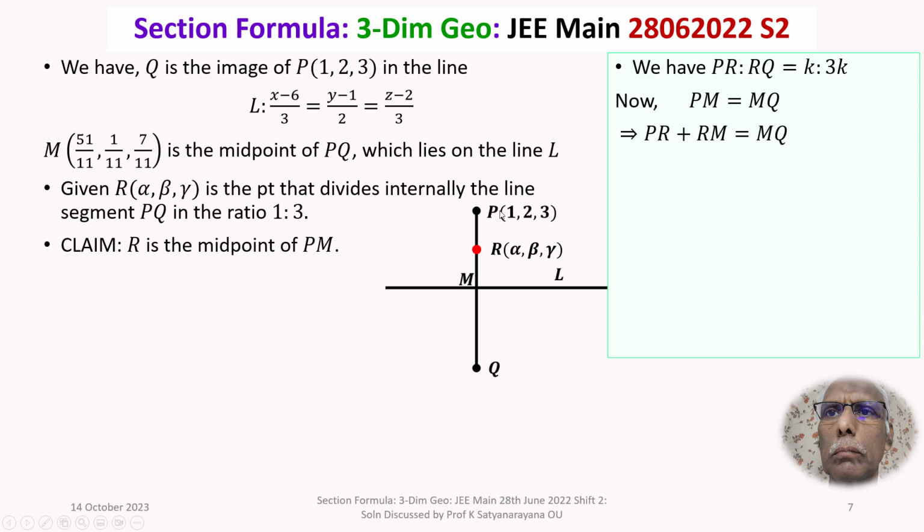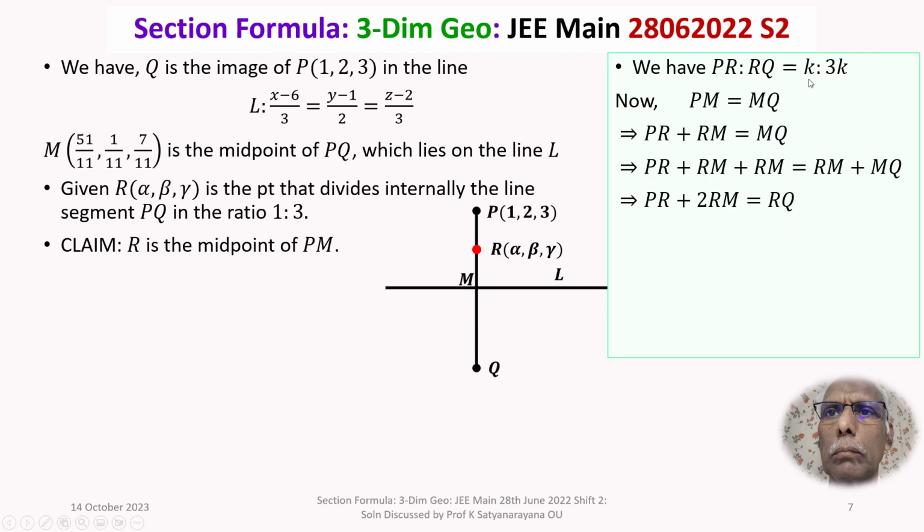So PM is written as PR plus RM, which is equal to MQ. We have added RM on both sides. So PR plus RM is equal to RM plus MQ. This will imply PR plus 2 times RM is equal to RM plus MQ, which is RQ.